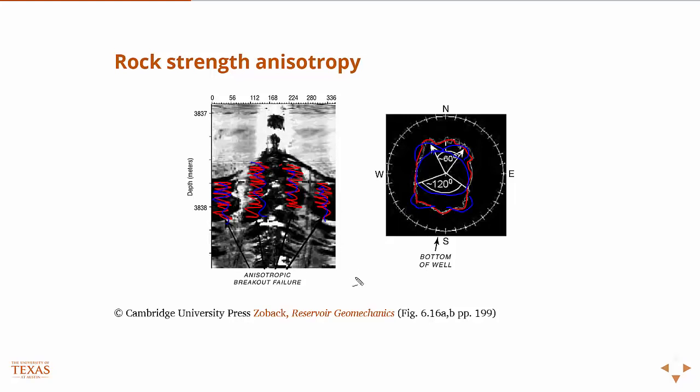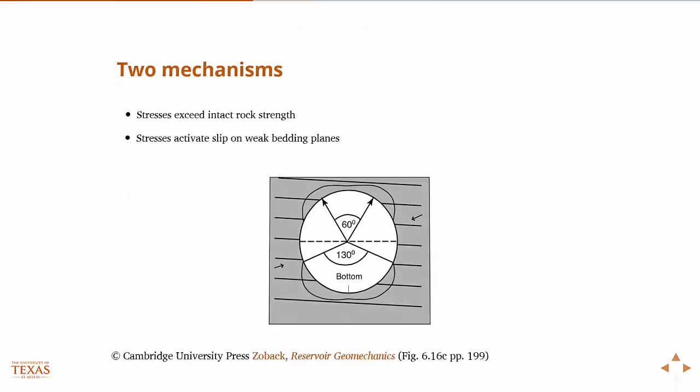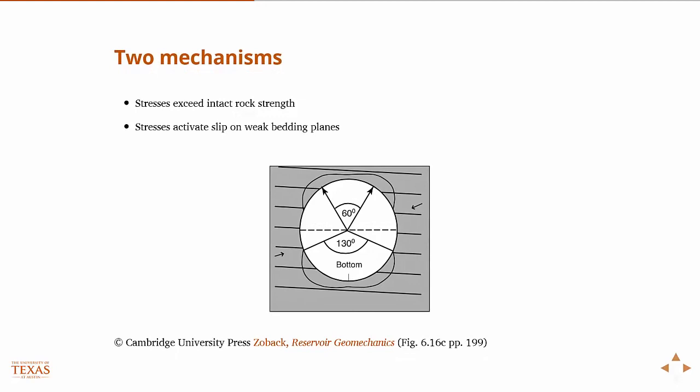And the reason for that has to do with, well, there are two mechanisms. One is just the same mechanism as before, that the stresses exceed the strength of the intact rock and you get breakouts. Here, what I've drawn, well, not what I've drawn, the figure from Zoback's book, the lines are meant to indicate lines of weakness in the bedding plane.